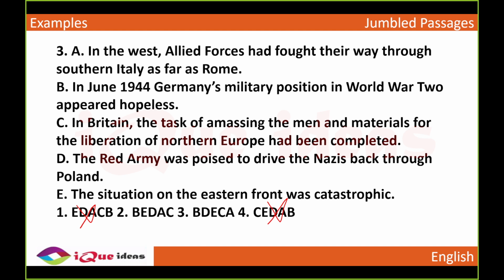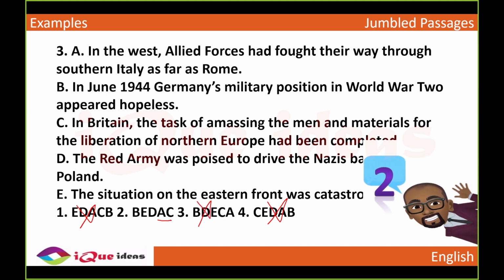So then we have to hope that either AC or CA, right? Is it AC or is it CA? So A says in the west, Allied forces had fought their way through southern Italy. That means something is happening. And C says in Britain, the task of amassing was completed, right? So continuation followed by completion makes better sense. So if I go with AC, then the third one also gets eliminated, leaving me with option 2 as the answer.